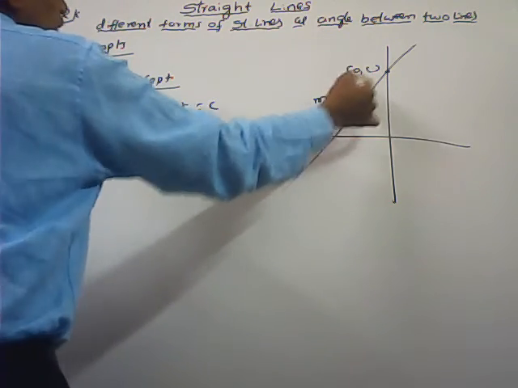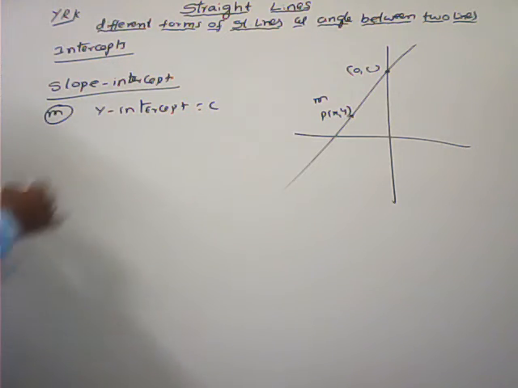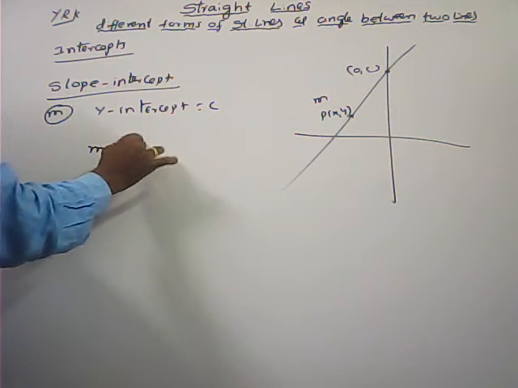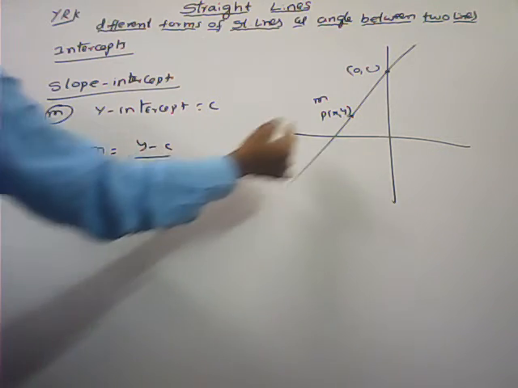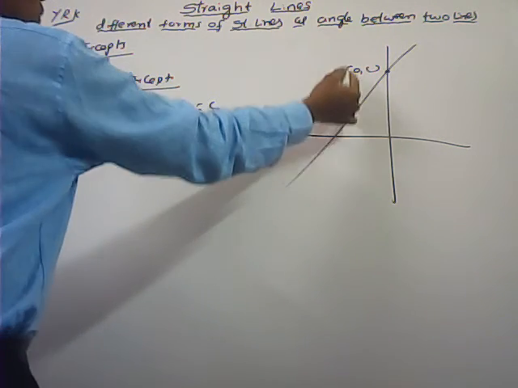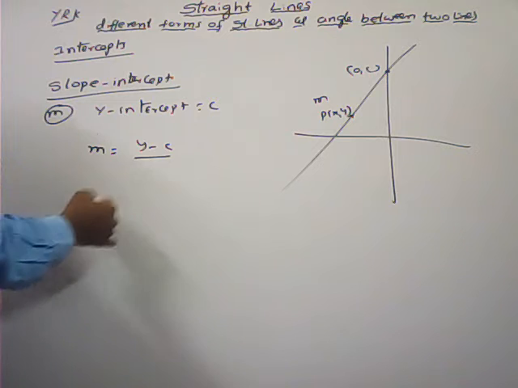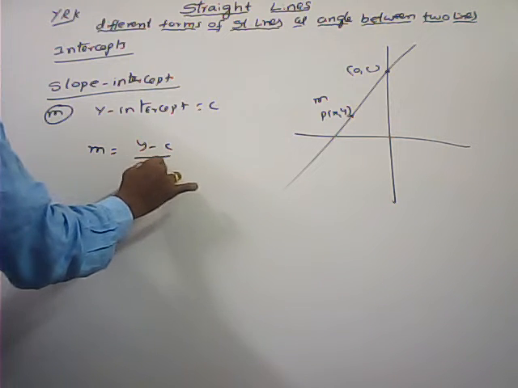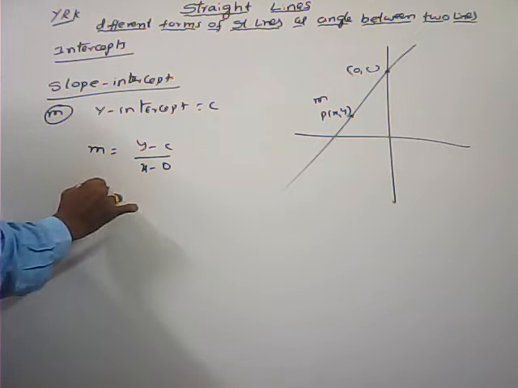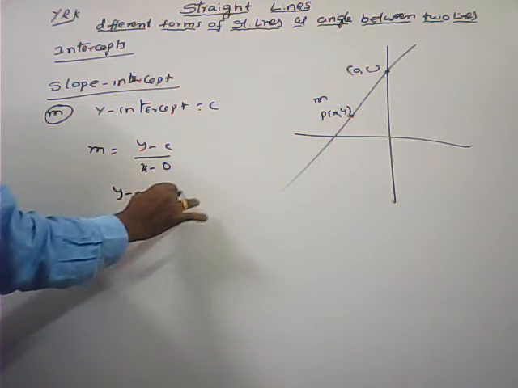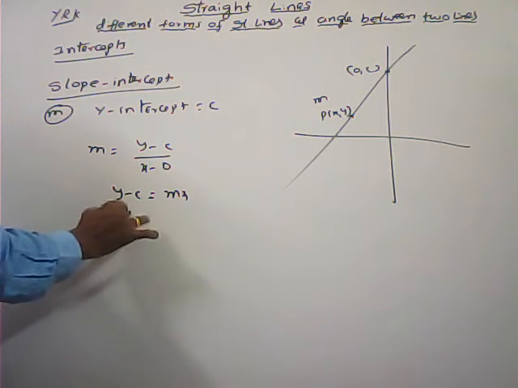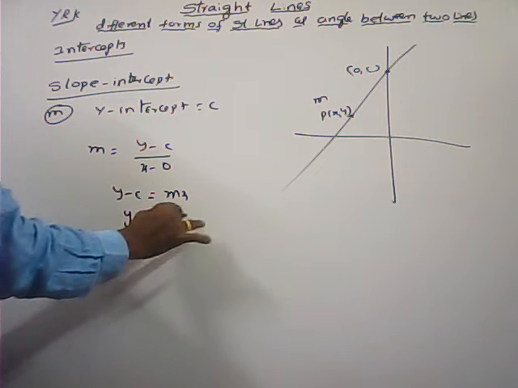What is the slope of a line passing through 2 points? m is equal to (y2 minus y1) by (x2 minus x1). So y minus c equals m into x, that is, y is equal to mx plus c.